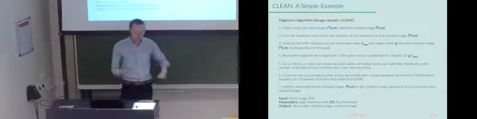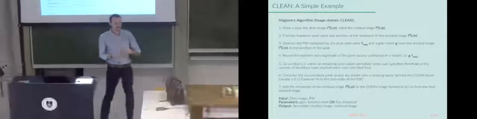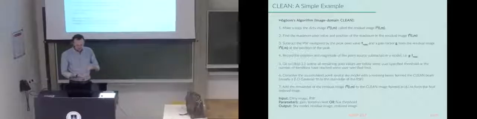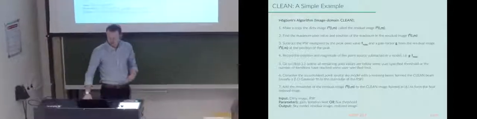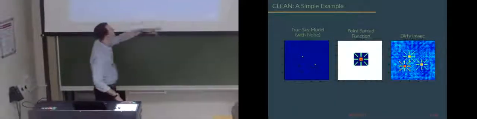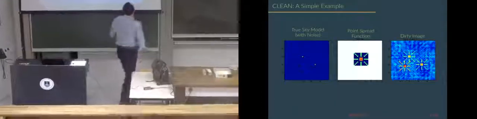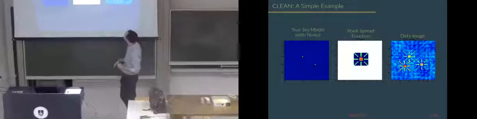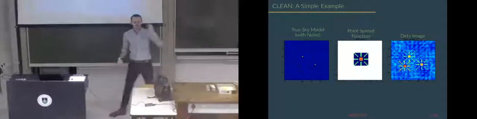They're equivalent because you haven't taken out any sky model components yet. So once you have that, you then go back to your image. You go to this residual image. Say this is our residual image, and you look for the brightest pixel in that image, which is probably that center pixel right there.